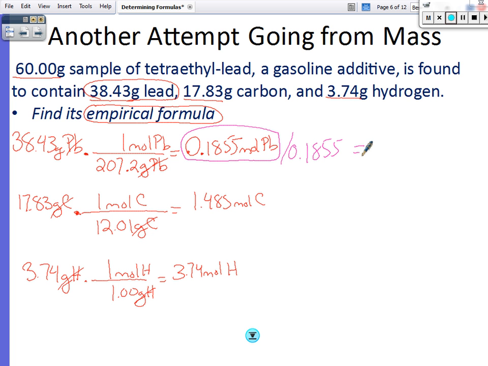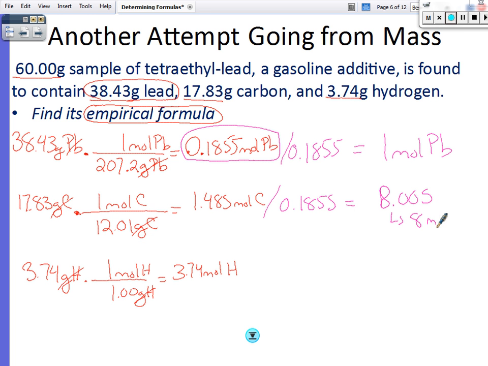Okay, and that gives me 1 mole lead. And divide carbon here, and that will give me 8.005, which I'm going to round to 8.